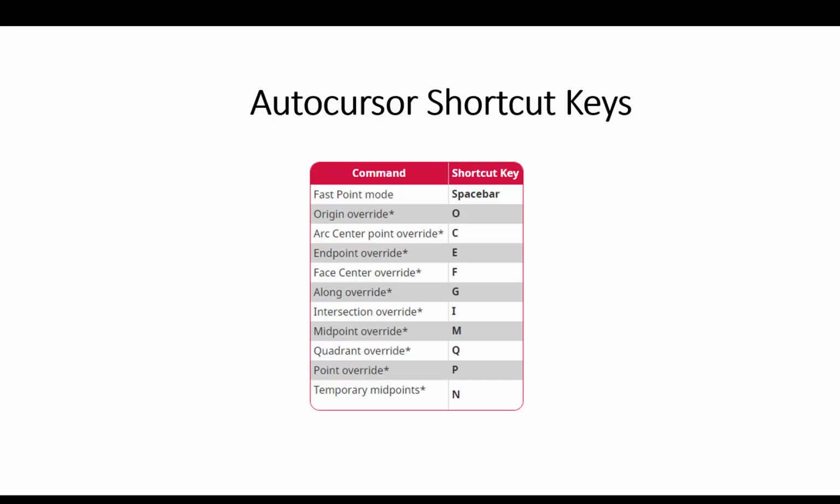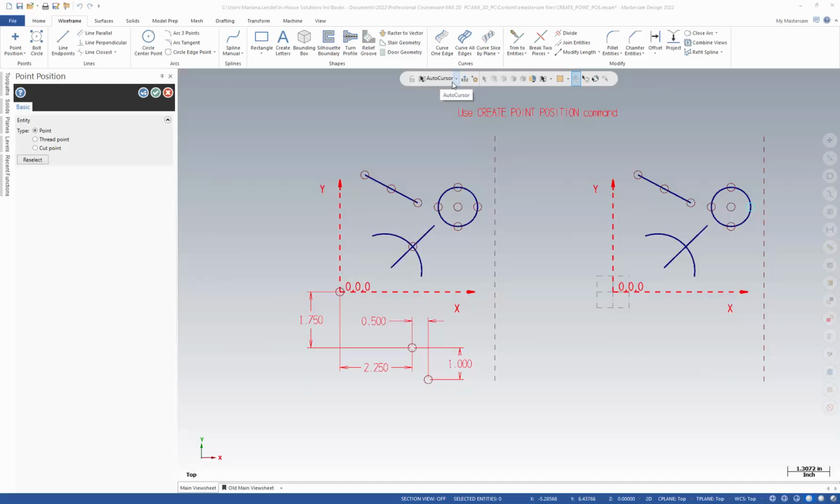As you can see, for the intersection, you can just type the letter I. You can also select the drop down next to the AutoCursor and select intersection from the list. In this case, you will just need to select the two entities at which intersection you want to create the point.